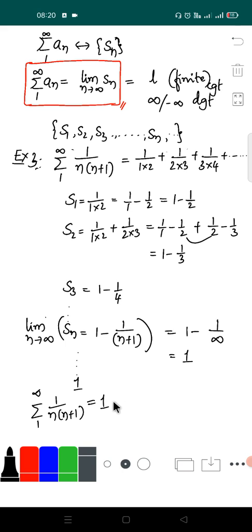The sum of all the numbers, for example 1 by 1 into 2 plus 1 by 2 into 3 plus 1 by 3 into 4 plus and so on, all the infinite numbers added together, we get 1. So this given series is convergent to 1. You can say something like that.